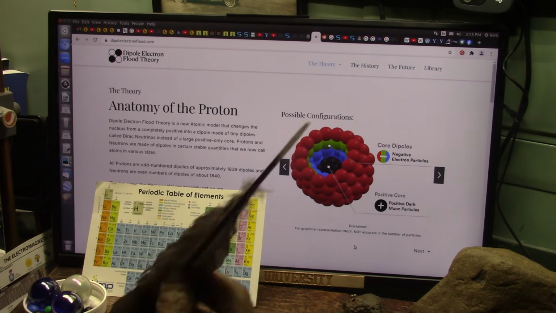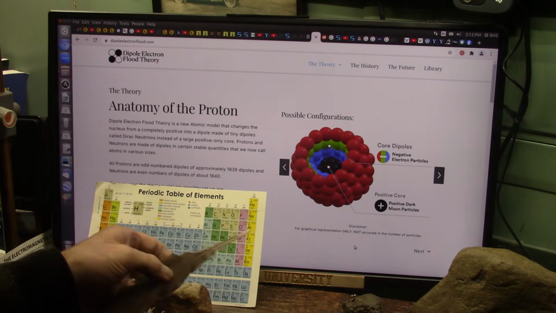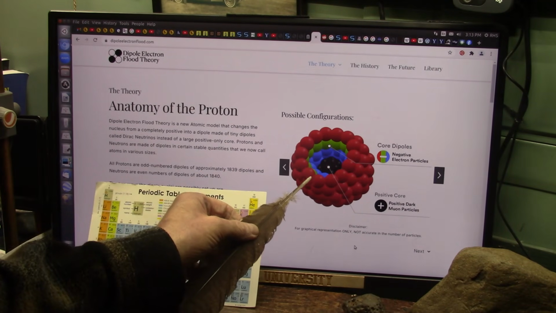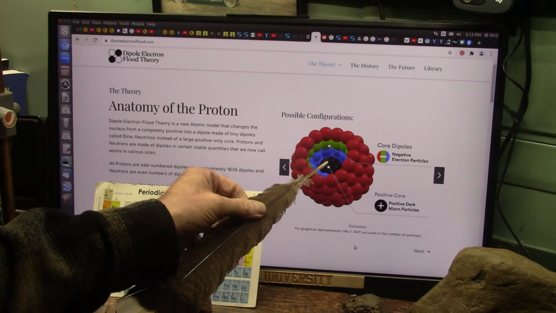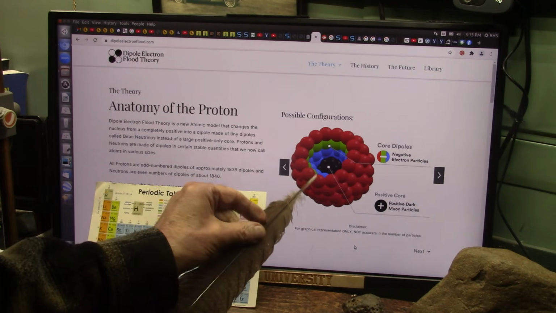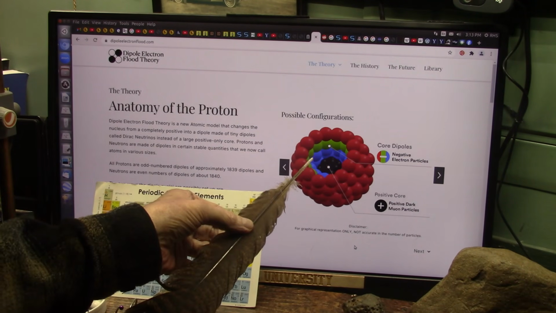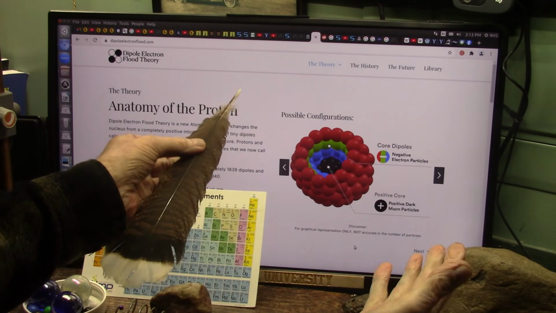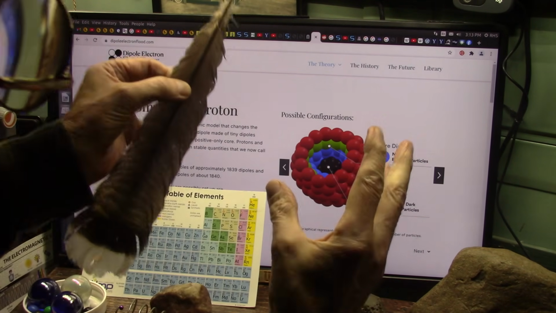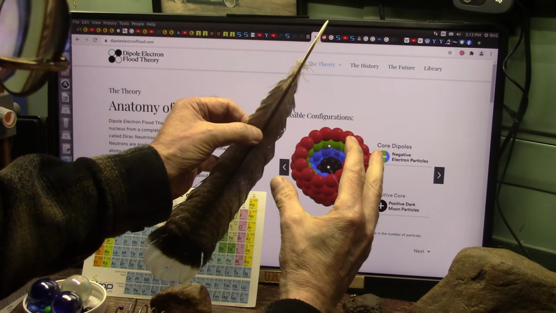Okay. Dipole electron flood theory says hydrogen gas, the smallest particle, is a single proton, and it's also very volatile. If you spark that, it will explode because it has nowhere else to go other than an explosion. It's at the smallest stable state it can be at.